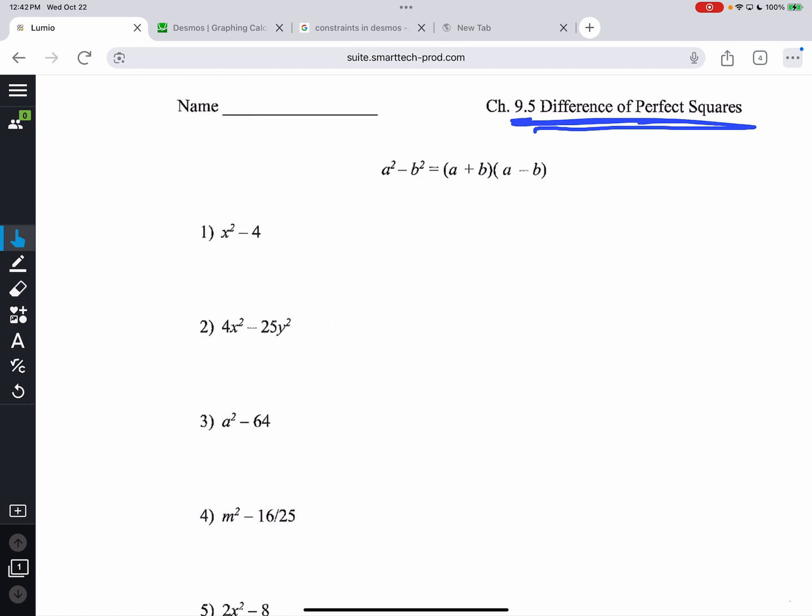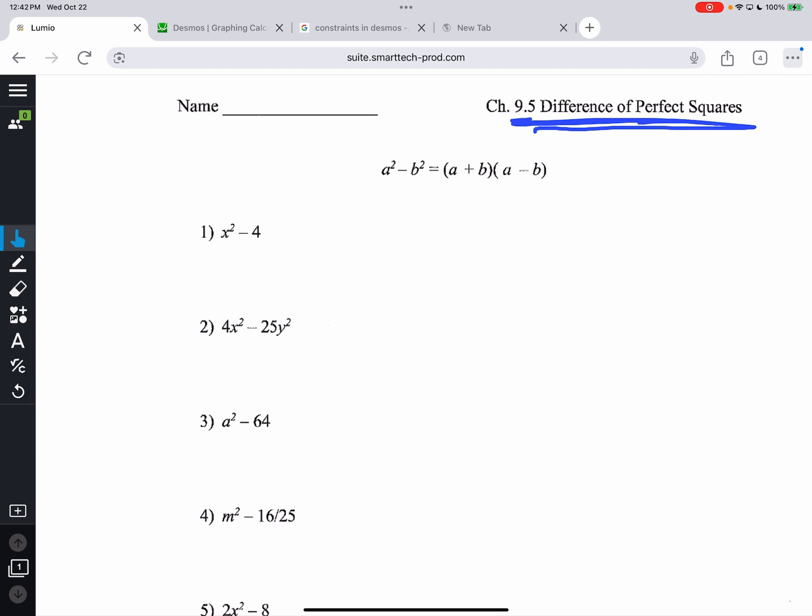Okay? All right, so difference means subtraction, and it only works with a binomial. The two parts that make up the binomial, the two terms, need to be perfect squares. So subtraction along with two perfect squares, and then we factor them.